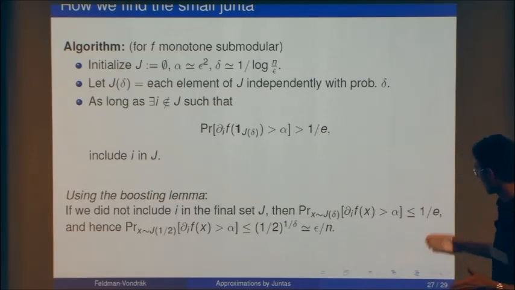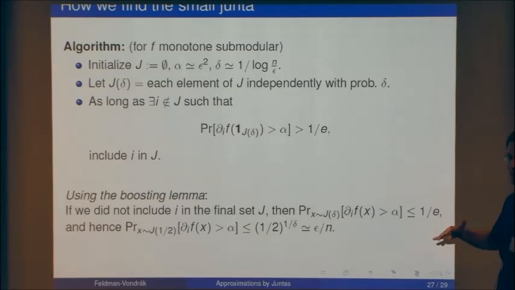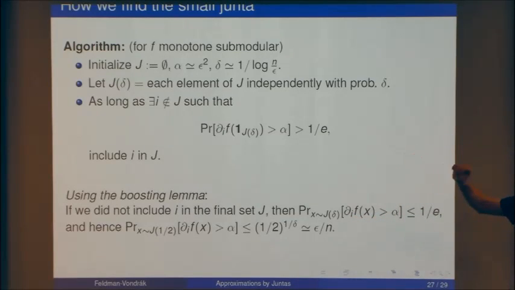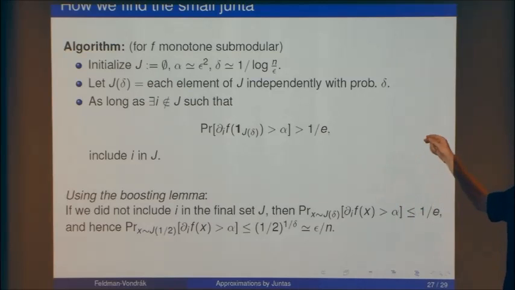I'm using the fact that this is a down-closed event. If the discrete derivative is at least something for a certain point, then with respect to a smaller point, it can be only larger. That's exactly the definition of submodularity.